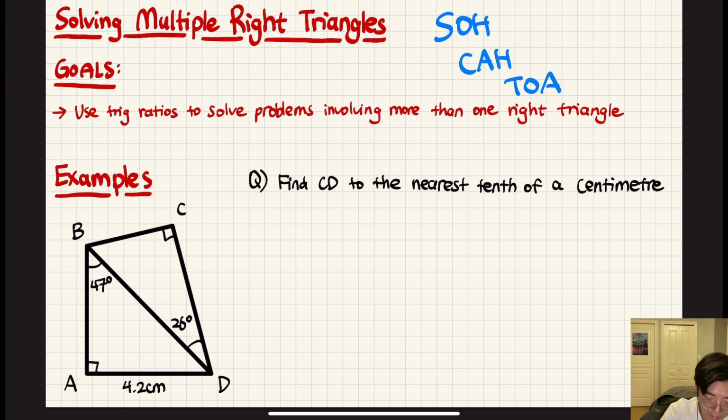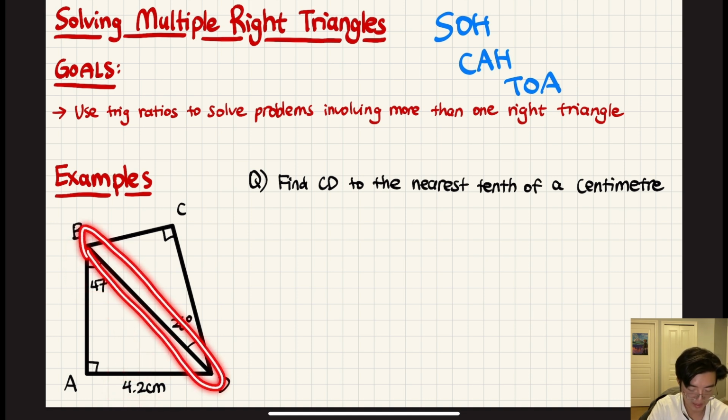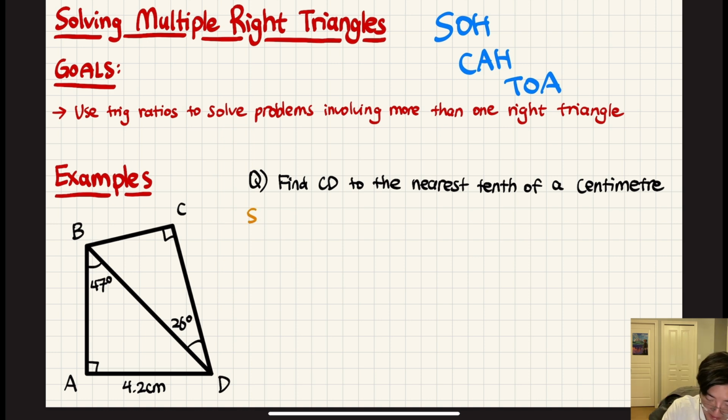So sine of 47 degrees, make sure you're calculating in degrees, is 4.2, that's the opposite, over the line BD.